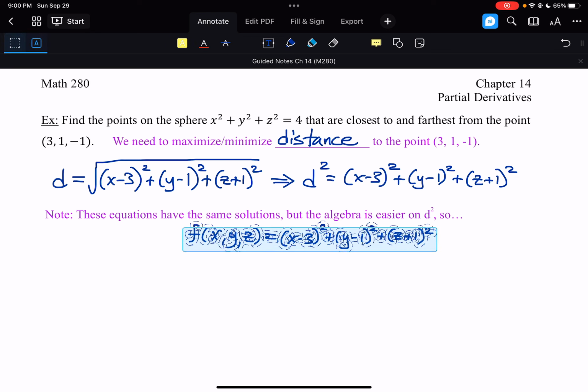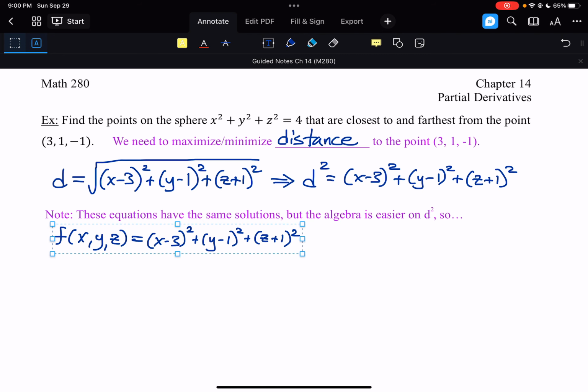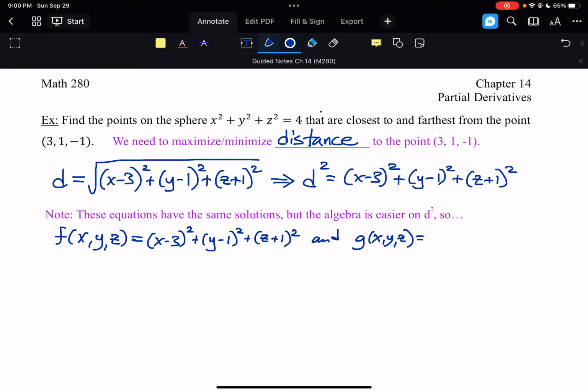And our constraint, g of x, y, z, is, again, the sphere, because that's where all the points we're testing have to lie, and because it's equal to a constant. So that's x squared plus y squared plus z squared equals 4.